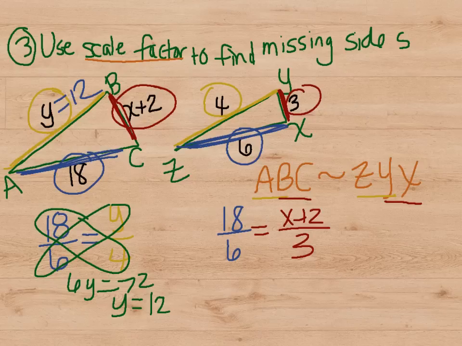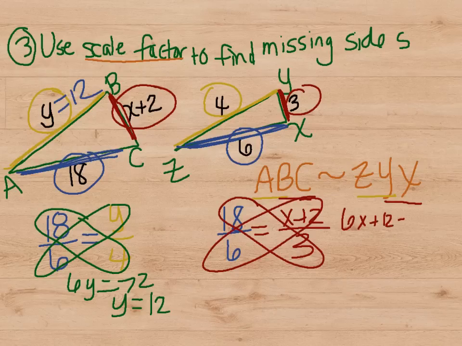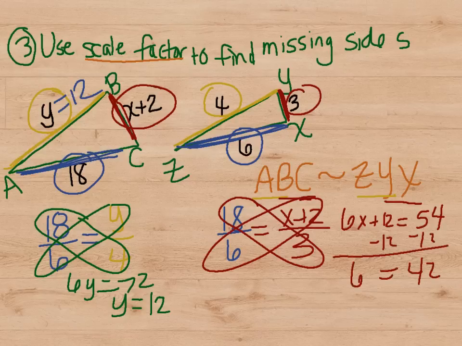Now you can solve for x. So do what we just practiced, cross multiply. Remember, you have to distribute here, so that'll be 6x plus 12 equals 54. Subtract the 12 on both sides, and we get 42. Divide by 6, and we get 7.